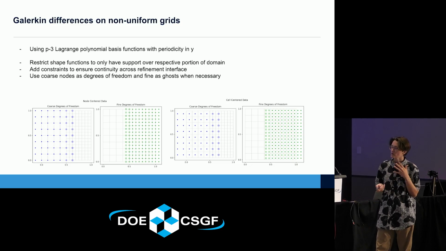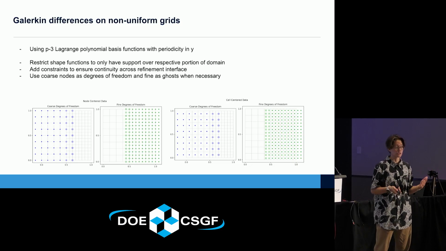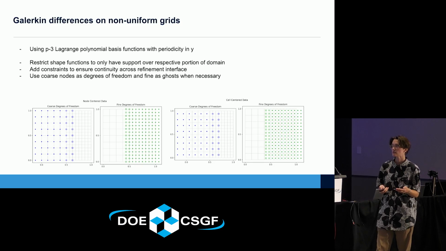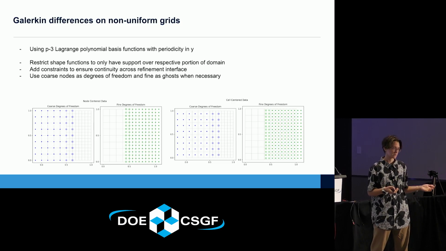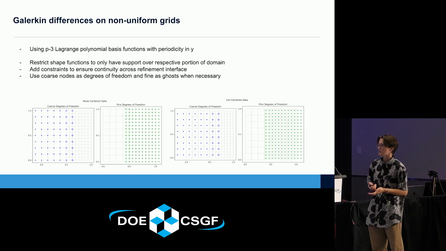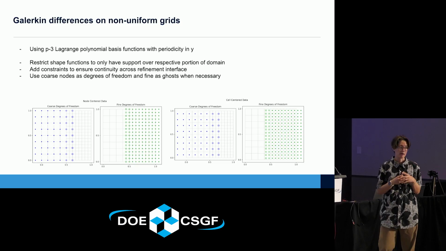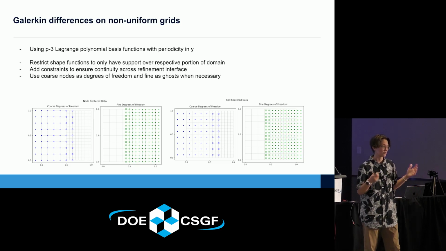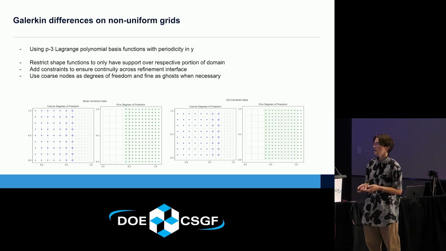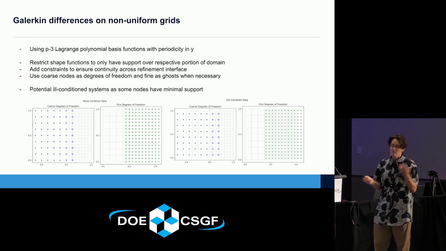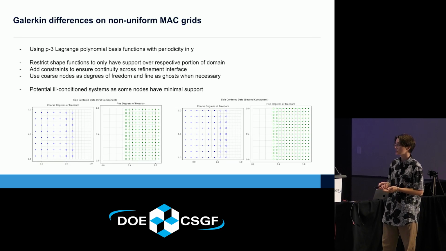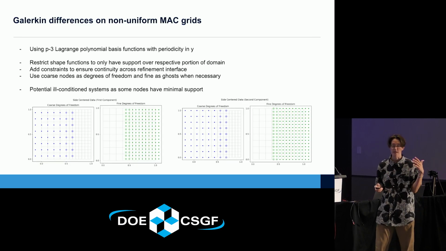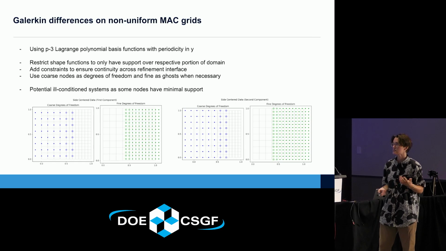There are a lot of different ways you could do it, and so you need to look at the resulting condition numbers of the stiffness or mass matrices you're producing, because a lot of these degrees of freedom end up having really small support, and so you can have ill conditioning if you don't do it right. But in the end, it just comes down to doing a lot of math and making sure it works. It's pretty straightforward. And then from there, I applied it to MAC grids and non-uniform MAC grids.